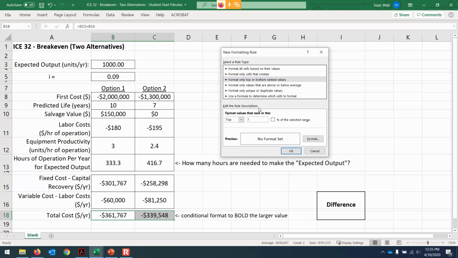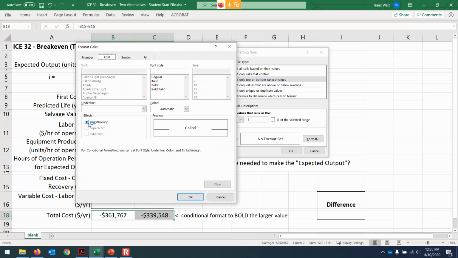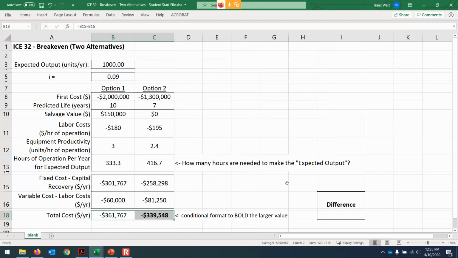That means it's going to choose, of the two that are selected, the value that's highest, meaning least negative. For the format, I don't know why it always enables strike through, so let's turn off strike through and just make it bold. Click OK and then OK again, and it will select in bold the item that's least negative.